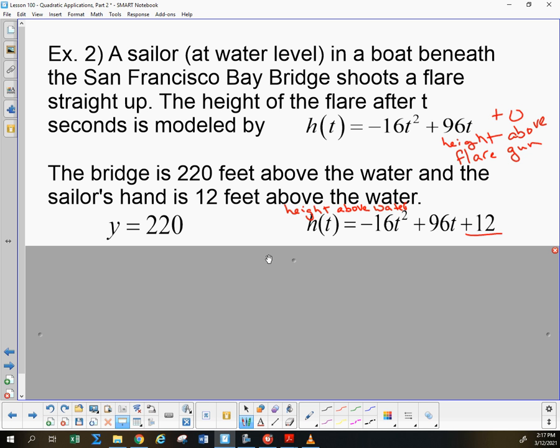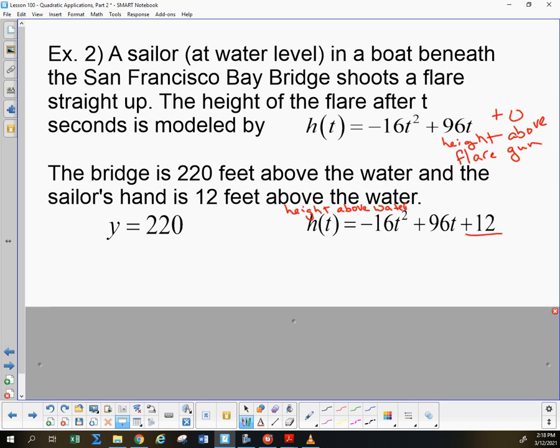So here it's starting out at 12 feet. What is that? 12 feet above the water. The bridge is 220 feet above the water. So the sailor is below the bridge and shoots the flare straight up. Sounds kind of dangerous to me. Let's see what we're asked for in this problem.